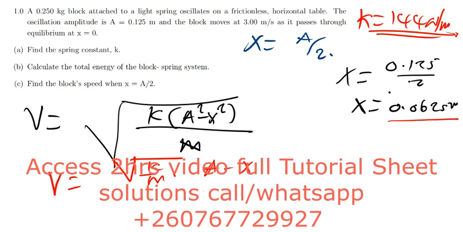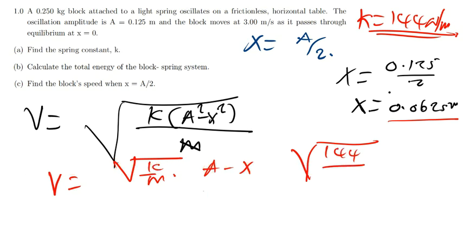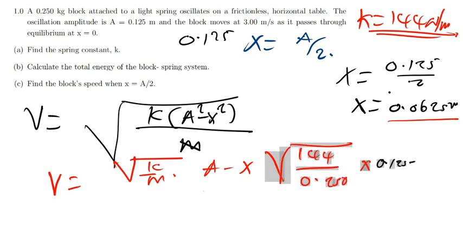So if you replace k with 144, divided by m, which is 0.250, times, I'm going to have my a value, 0.125, minus, then I don't have space this side, let me just shift this here.